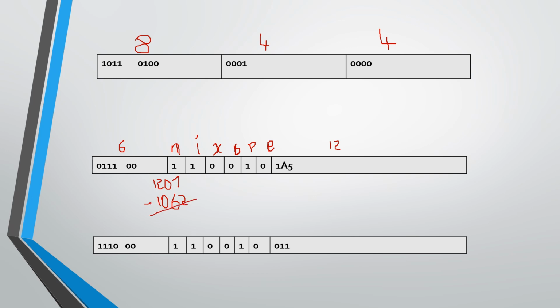If you subtract this, you are going to get 1A5. If you convert 1A5 to decimal, you are going to get 421, which lies between minus 2048 and 2047. So B is taken as 0 and P is taken as 1.